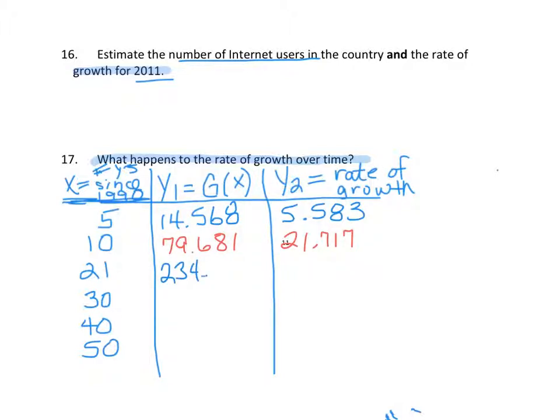In 2011, the population has reached 234.691 million internet users in that country. And the rate of growth now is down to only about 2.118 million people per year. So our growth rate is actually leveling out. We see the growth rate is shrinking.